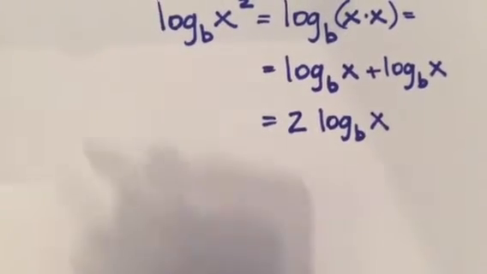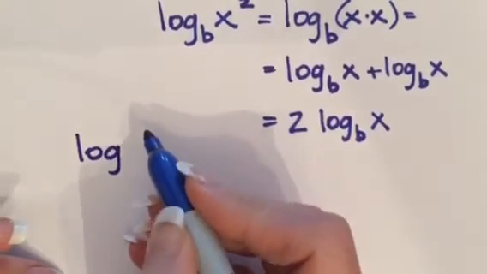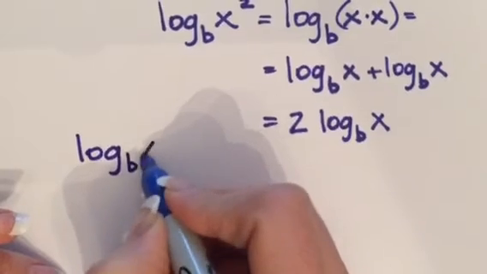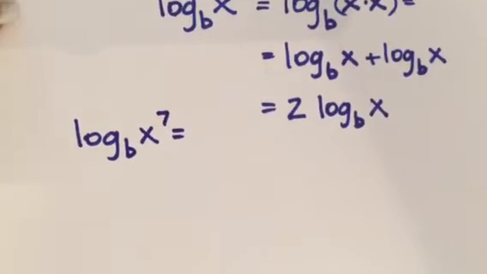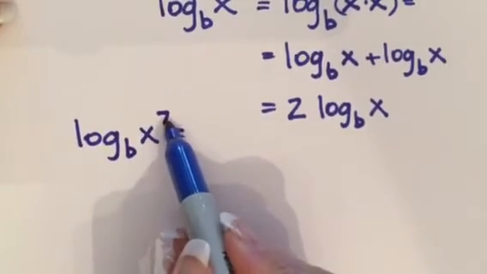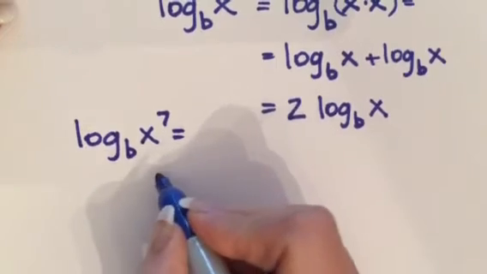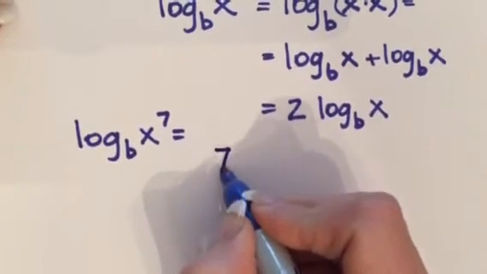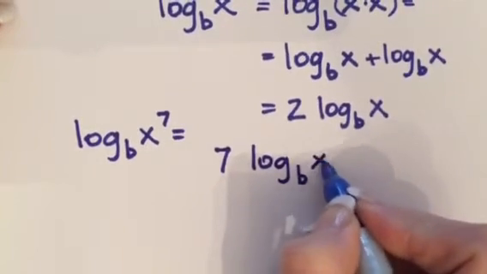We're going to start with the example of log base b of x to the 7th. And we're going to say, okay, well, what is this equal to? And really all we're going to do is take this power of 7 and pull it out front and call it a coefficient. And we're going to say, well, that is equal to 7 times log base b of x.